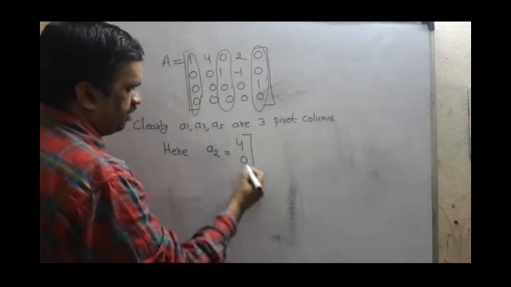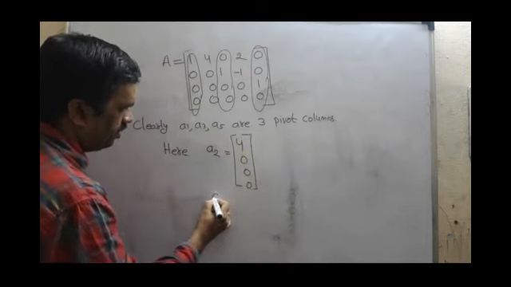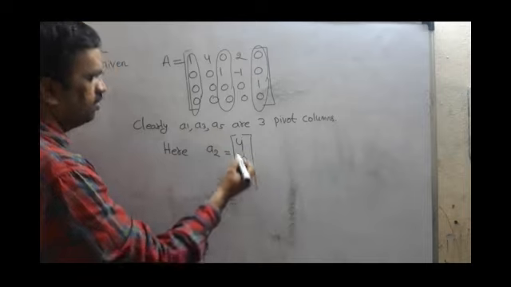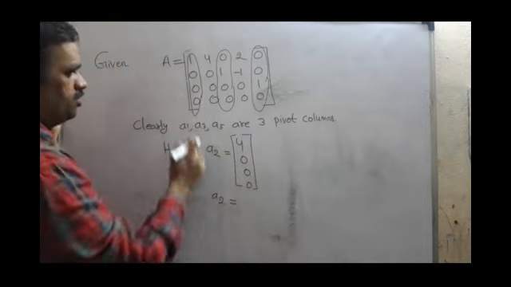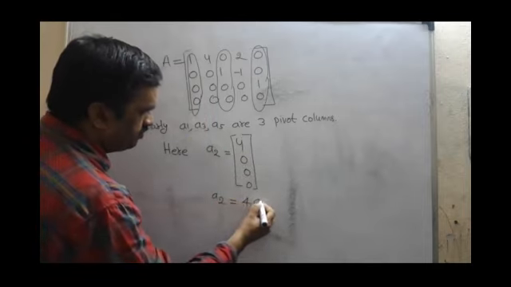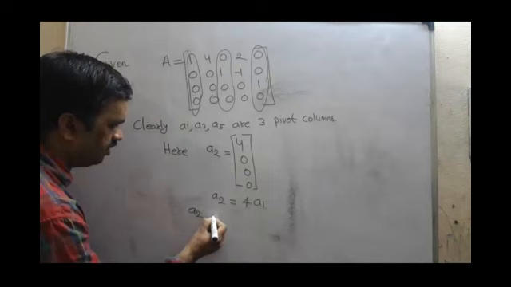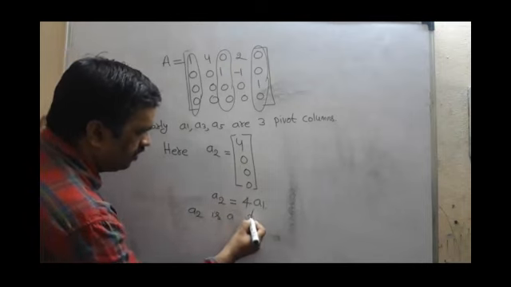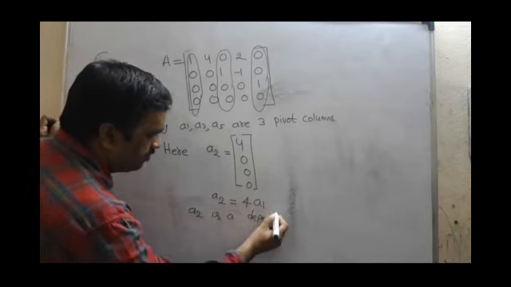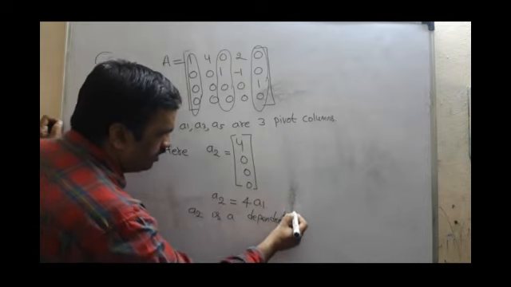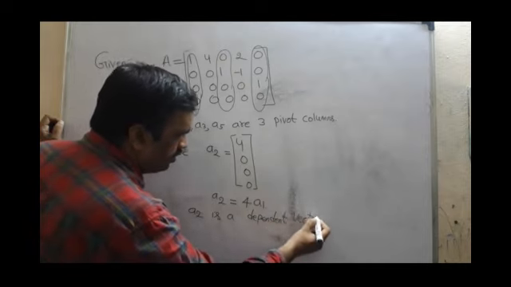This vector I can write as 4 times A1, since we already have the pivot column 1 0 0. So A2 is equal to 4 times A1. A2 is a dependent vector.